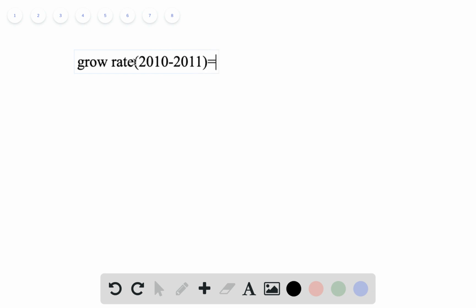So that equals the real GDP of 2011, that is 48116, minus the real GDP of 2010, that is 47719, divided by 47719. So if you calculate, it equals 0.083.